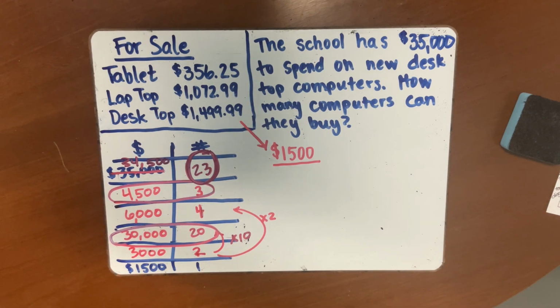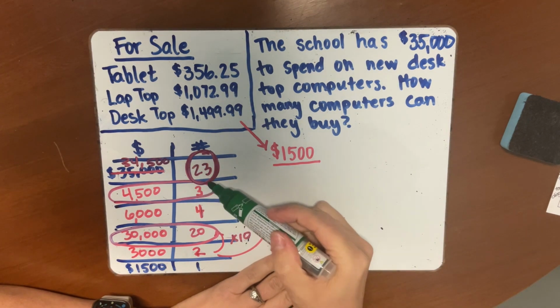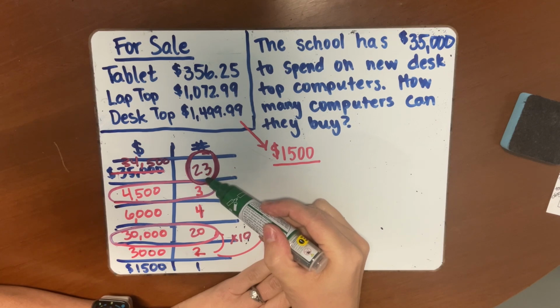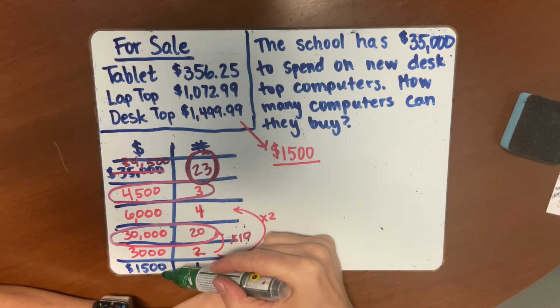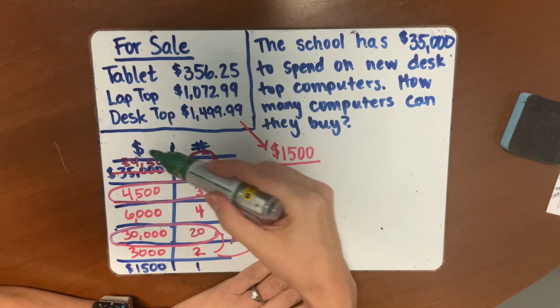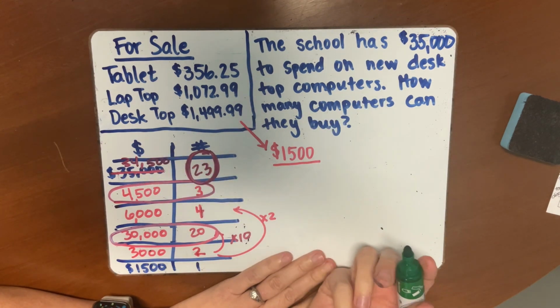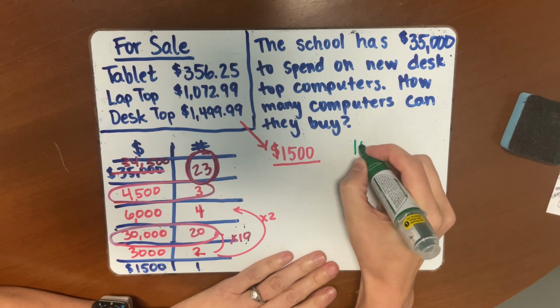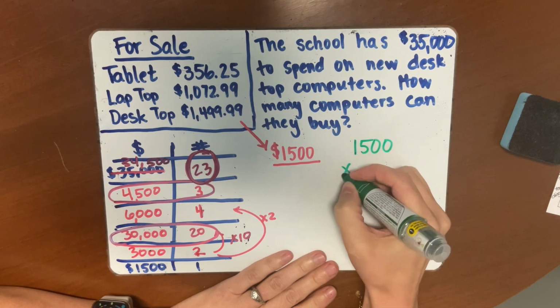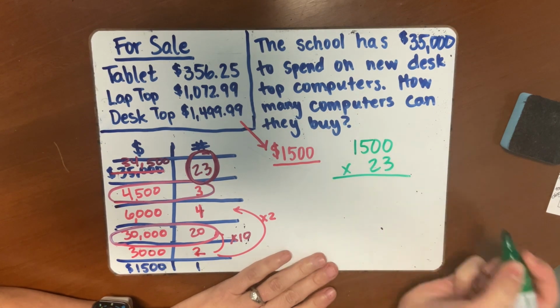Okay, let's do some checking of our work. We've been working on estimating to check. So now I'm wondering, this 23 computers times that 1,500, it should be that 34,500. That's one way I could check. I could do the 1,500 times the 23 and check that way.